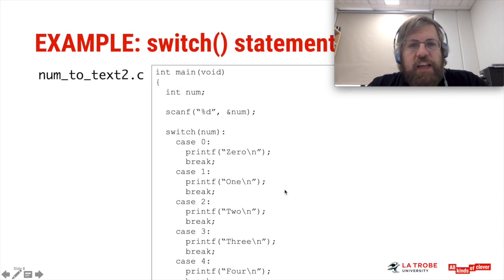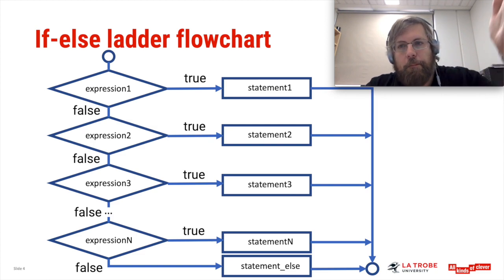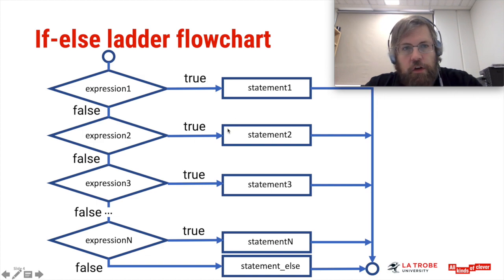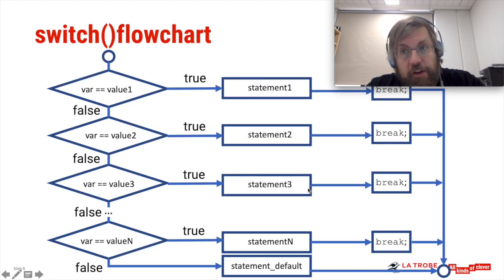And you can see that this looks almost exactly like the if-else ladder. We've got a bunch of conditions going down one side, a bunch of decisions represented by diamonds in the flow chart, each of which goes through one statement to the end. Right? They look very similar, and that's for a good reason. They do the same thing.